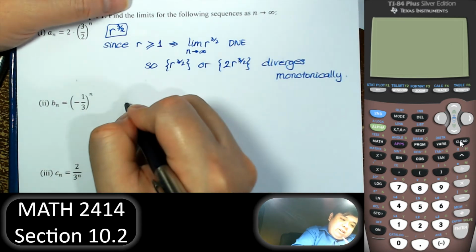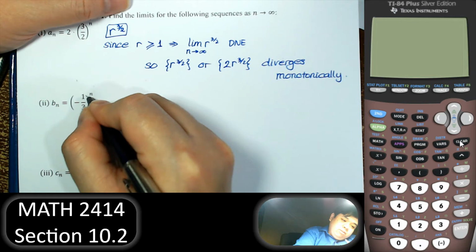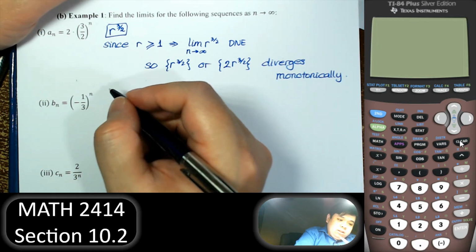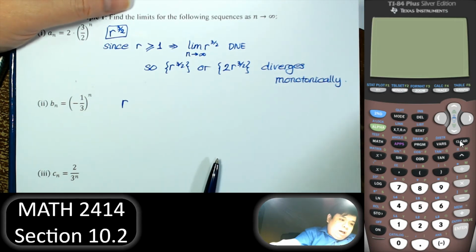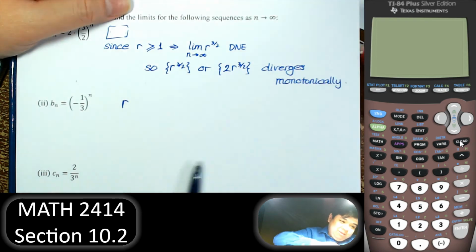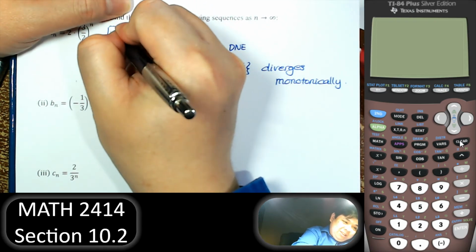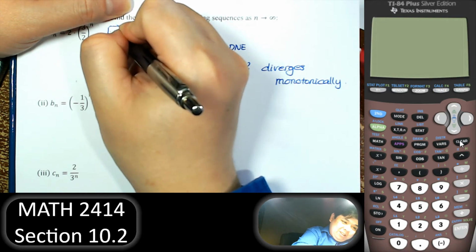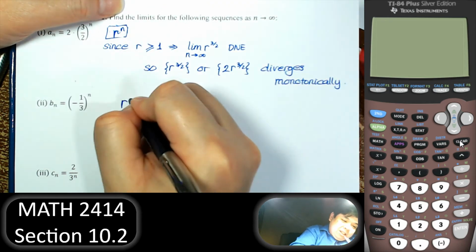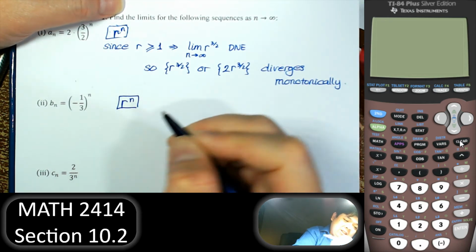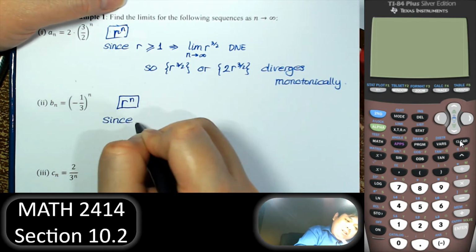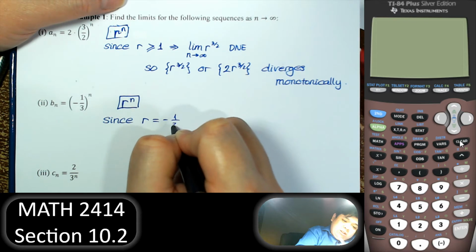Next, we compare to the form of r to the n. I don't know why I wrote r to the 3/2, which is completely off. Sorry, that was just compared to r to the n power. Here r is equal to -1/3.